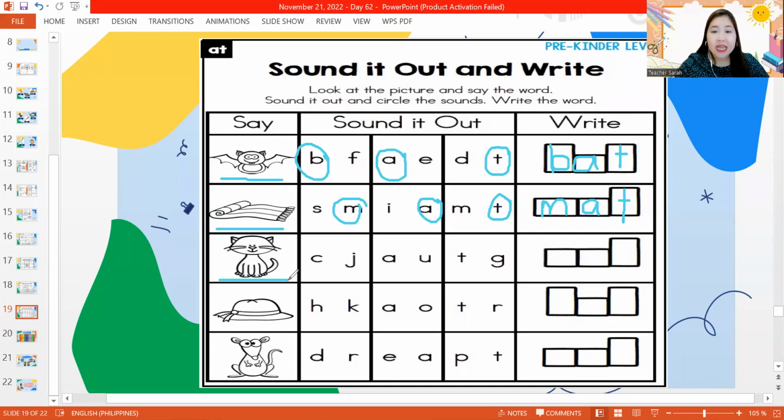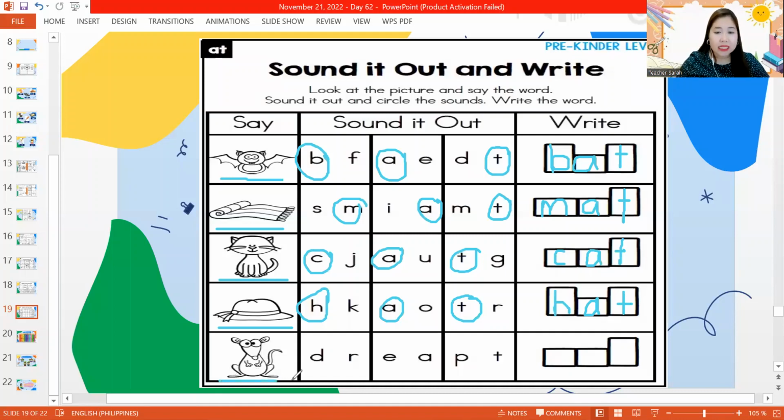Next picture, what do we have here? It is a cat. A, cat. A, it's a cat. Next picture, what is this? This is a hat. Very good. A, it's a hat.